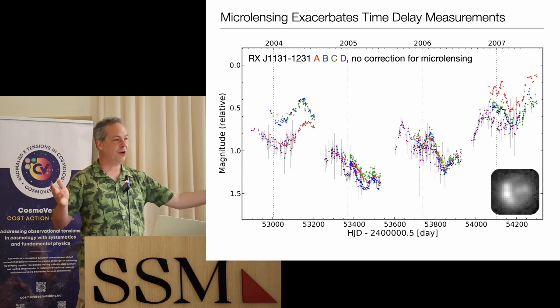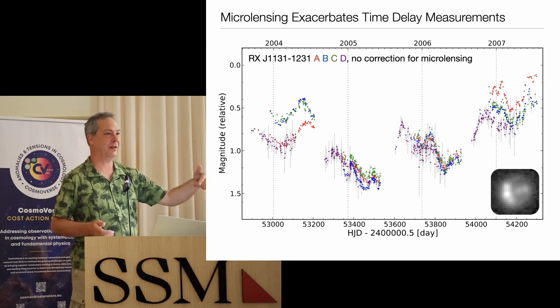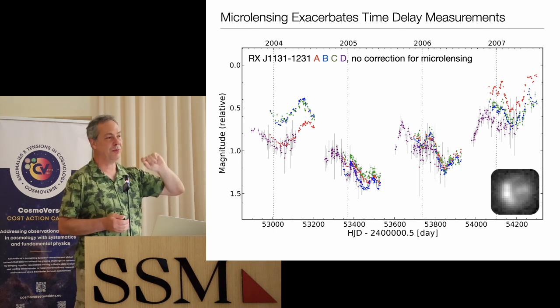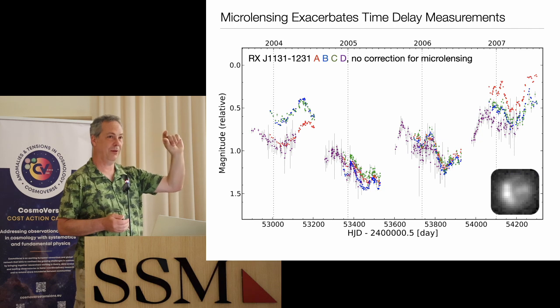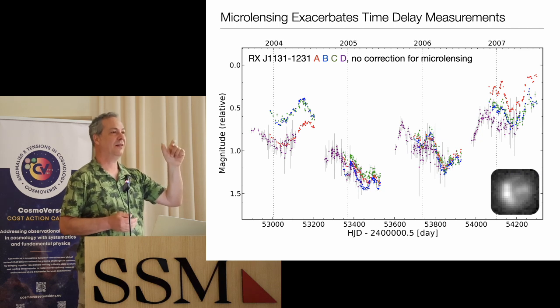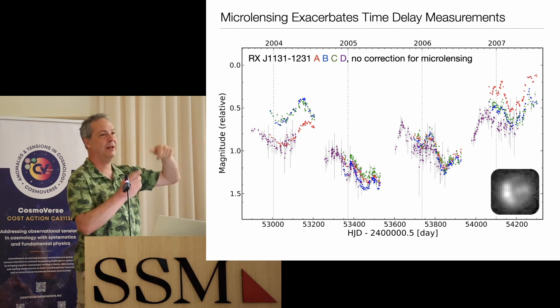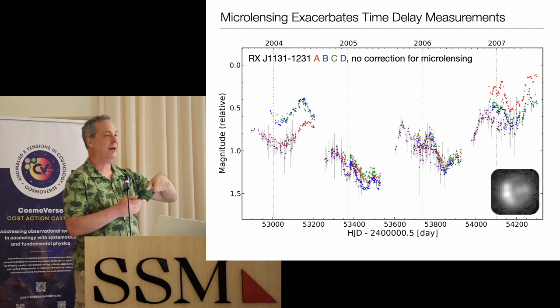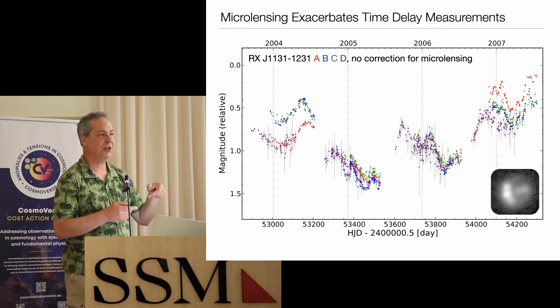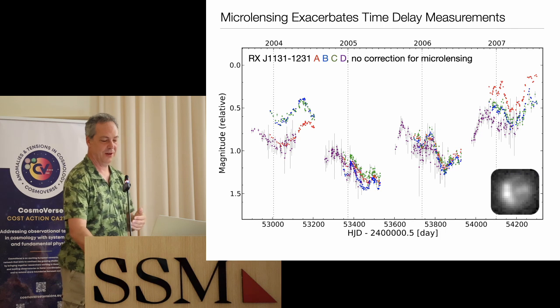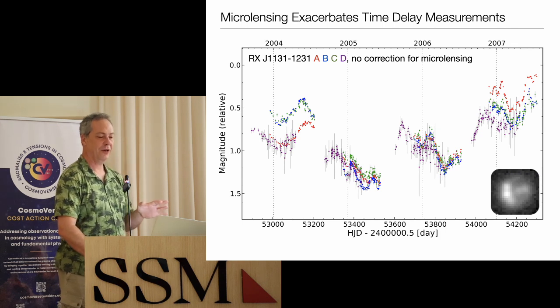That's why you have to observe for years to mitigate it. Or you go to very high cadence, and then you catch the small quasar variations, small in amplitude and fast. There you can discriminate between what belongs to the quasar in the light curve and what belongs to the microlensing. If you do this, you need only 1 year, if you're lucky maybe 2 seasons, to measure the delay correctly.